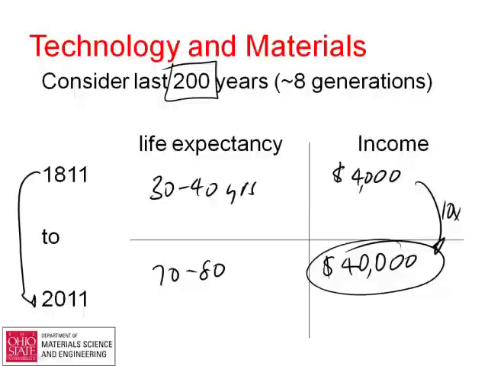And sanitation is a big deal because things are clean. People aren't dying from all these diseases. So these things are definitely linked. And again, I'll make the case that I think materials has really been important in that, because it has enabled a lot of the equipment that we even use in things like farming and medicine and so forth, that have allowed the standard of living, and that drives the life expectancy. It all kind of works together.